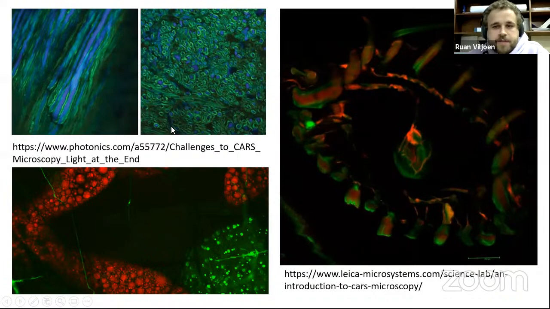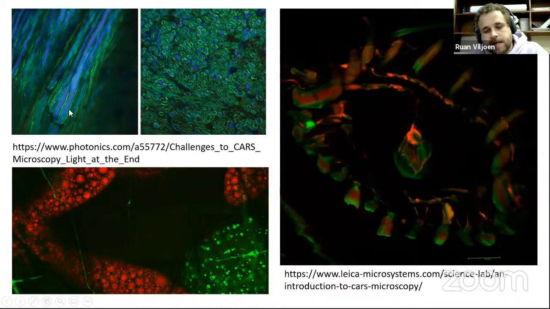I have some examples just from the internet to quickly show you what some of these things can look like. At the top left here, we have some nerves that are imaged with CARS and fluorescence. The blue here is a nerve cell, whereas the green is the myelin sheath, I think, that is imaged with CARS.